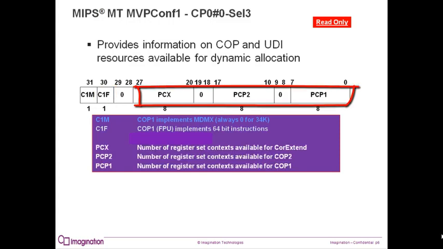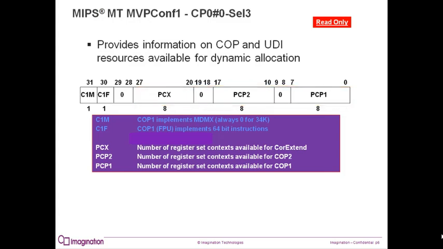The next three fields, Processor Core Extend, Processor Core Processor 2, and Processor Coprocessor 1, contain information on the number of register set contexts available to each. This number will give you the number of TCs that can use these features in parallel.